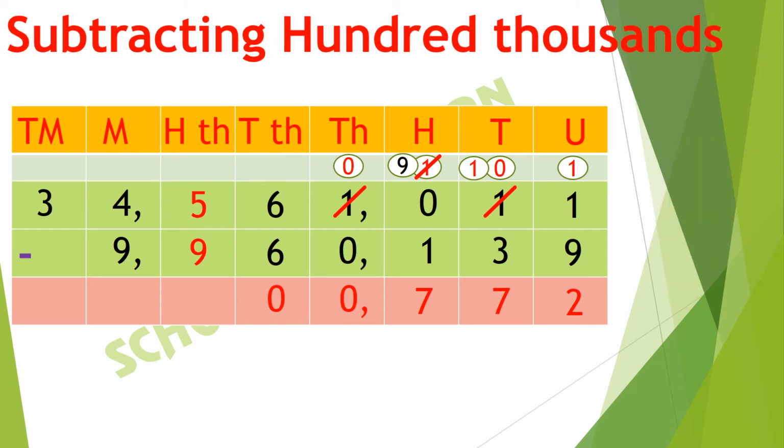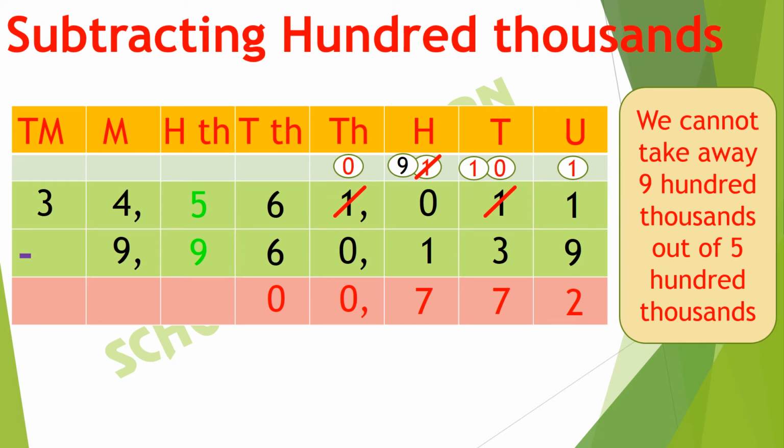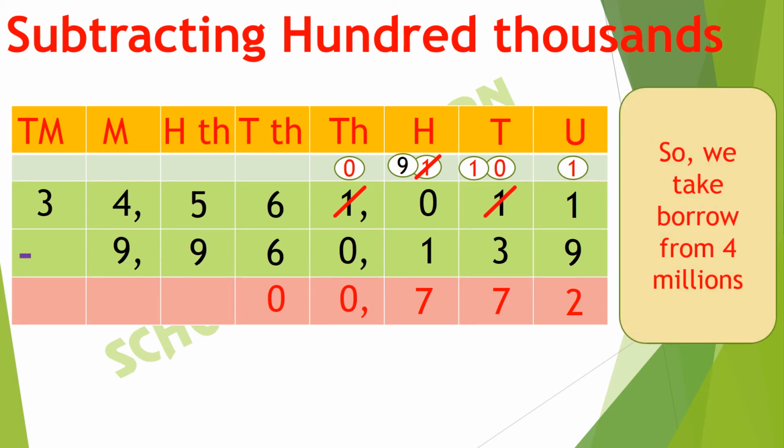Now we will move towards the 100,000s. We have to subtract 900,000 from 500,000. As we cannot take away 900,000 out of 500,000, we borrow. So we borrow from 4 millions. If we take one borrow from 4 millions, here we are left with 3 millions.